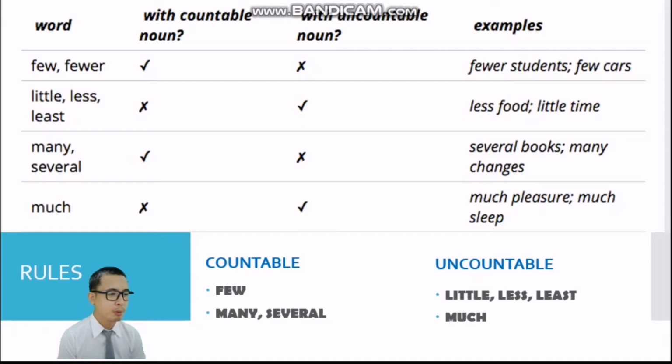For example, if the word is student and you identify the word as a countable noun, you can say fewer students. Or if the word is cars and you identified it as a countable noun, you can say few cars.